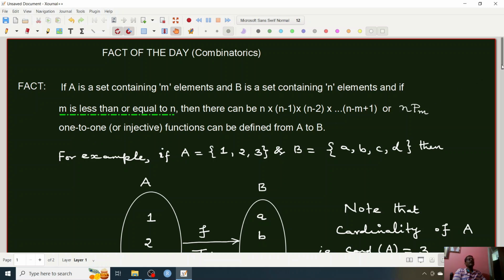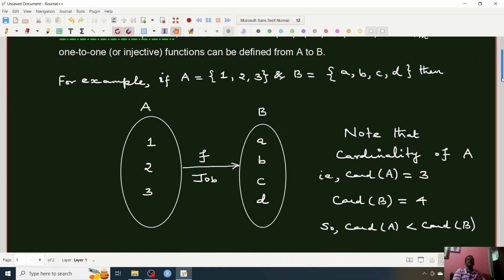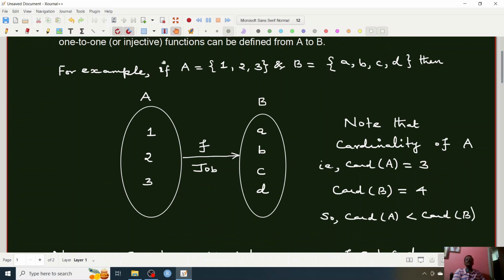Now let us see an example to understand this. Of course, this example is not a proof. As I have already said, there is a Jewish proverb, for example is not proof. An example is to understand the concept better, but this concept will be proved in the next lecture.